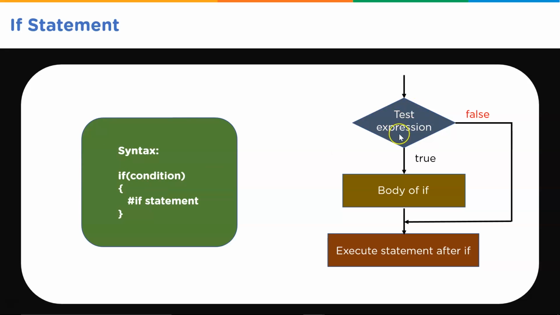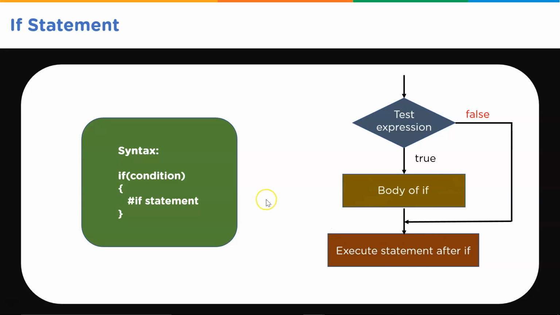If this expression evaluates to true, then we go inside the body of the if statement, which contains a list of statements or blocks of statements. If the test expression evaluates to false, we execute the statements that are present after the if condition.